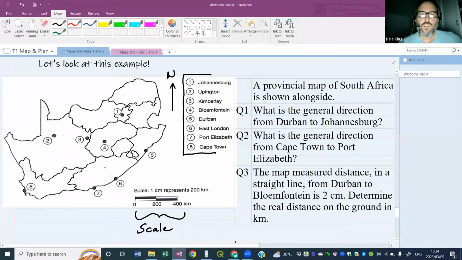So we're going to Port Elizabeth, which is 7, and we've got Cape Town, which is 8. And I'm going from Cape Town, so I'm going to put my imaginary compass on the 8, and I'm going to draw a line to the 7. Just make my line a bit straighter. There we go.